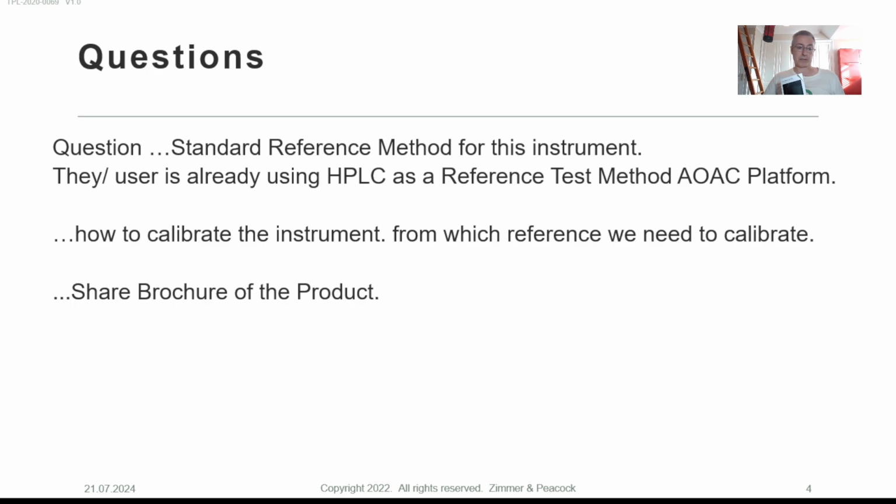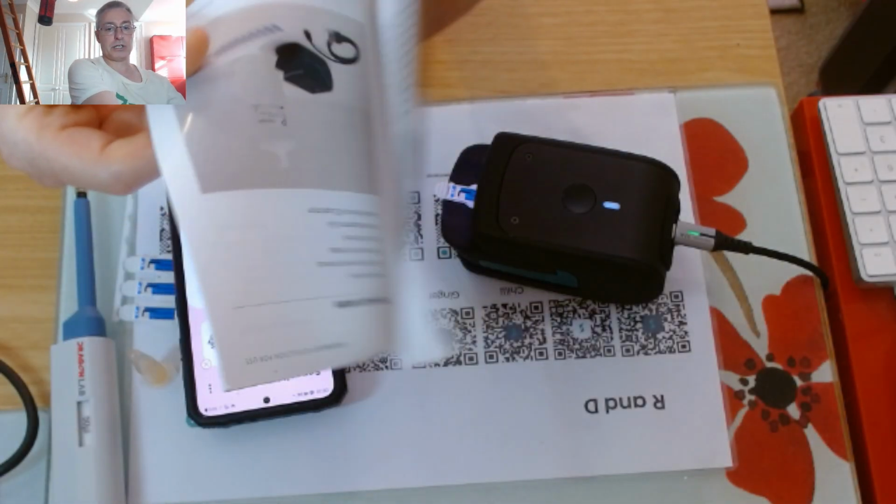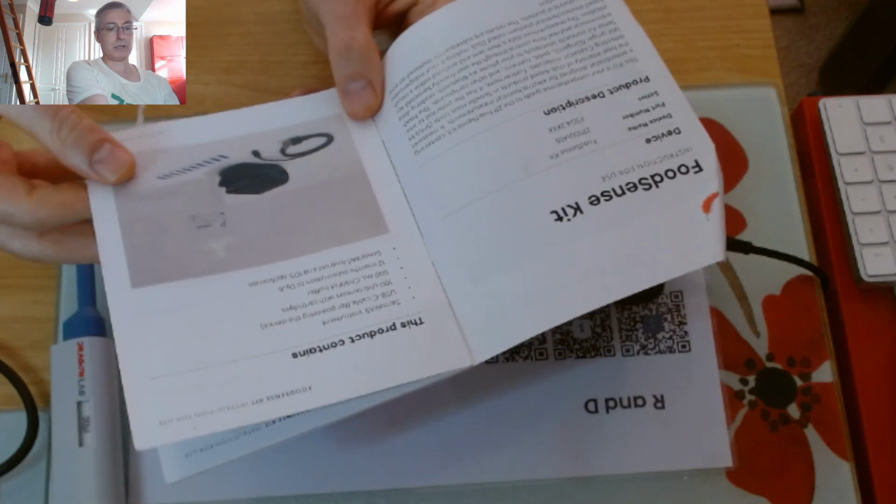In fact, I might just share my other screen with you for a second. When I say we have very good literature, this is the manual that comes with it.